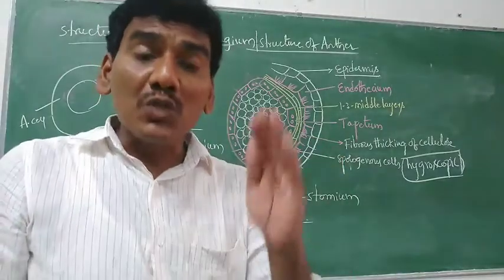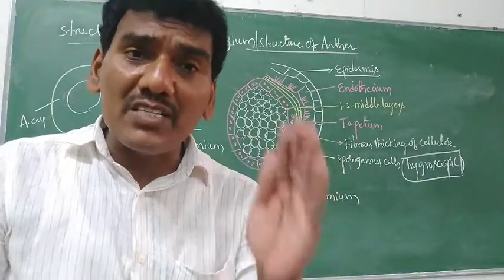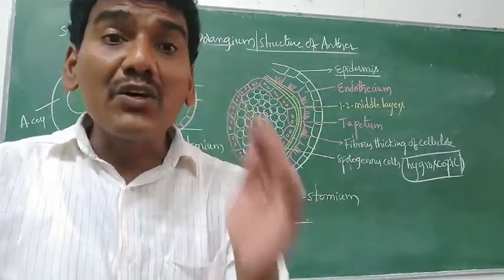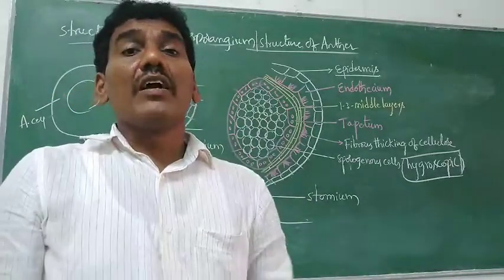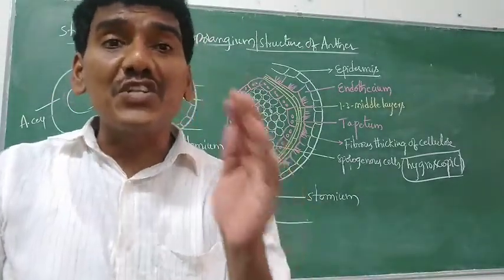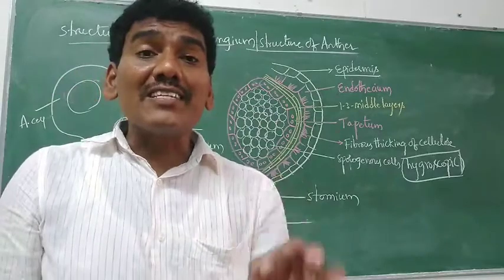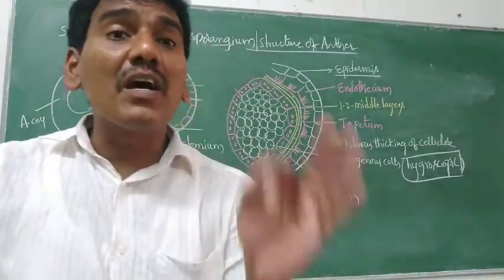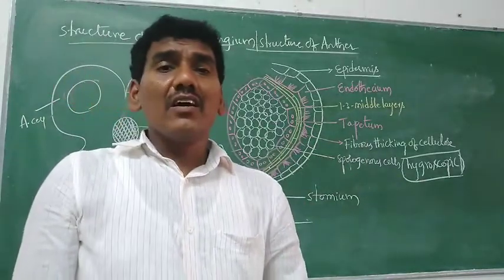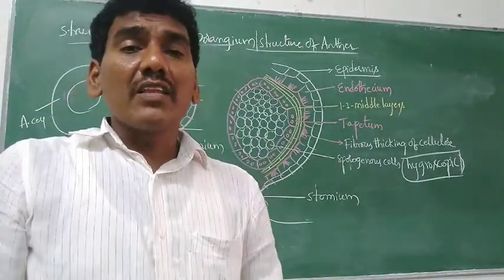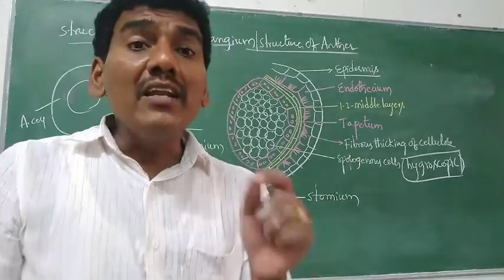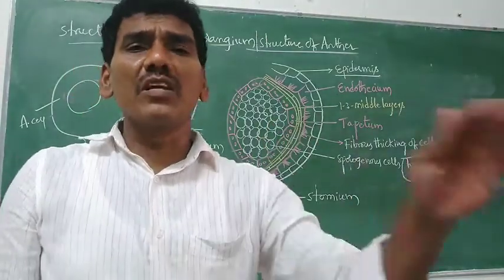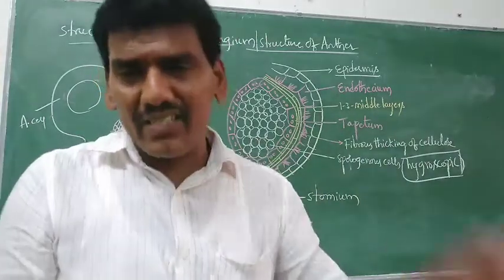Because of the presence of fibrous thickenings of cellulose. At anther maturation, the endothecium cells are mainly helpful for dehiscence of the anther. This is about the endothecium characters.